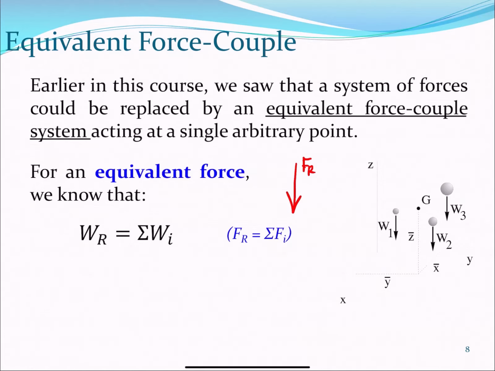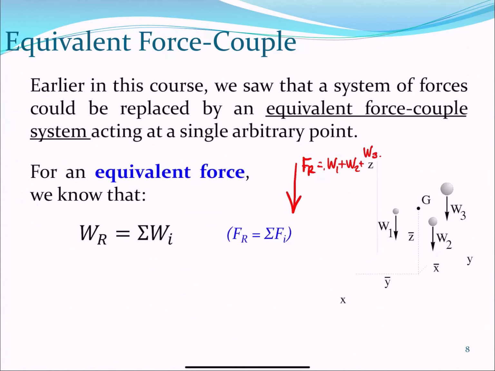In this particular situation, all these forces act down in Z, so Fr is just the sum of W1 plus W2 plus W3. Getting the magnitude of Fr is not a problem. Getting the position of Fr, that could be a challenge.